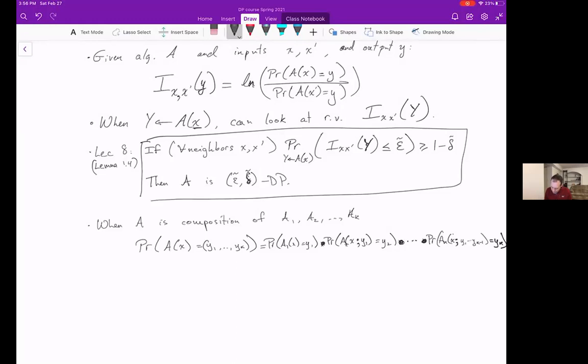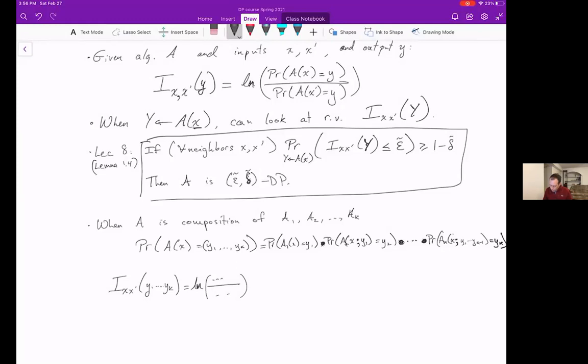That means that if I look at the information loss for A on a particular sequence, Y1 through YK, that's the log of a ratio, and each of the numerator and denominator are products, so we can write that log as a sum.